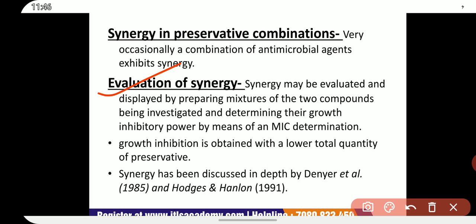Evaluation of synergy. Synergy may be evaluated and displayed by preparing mixtures of the two compounds.